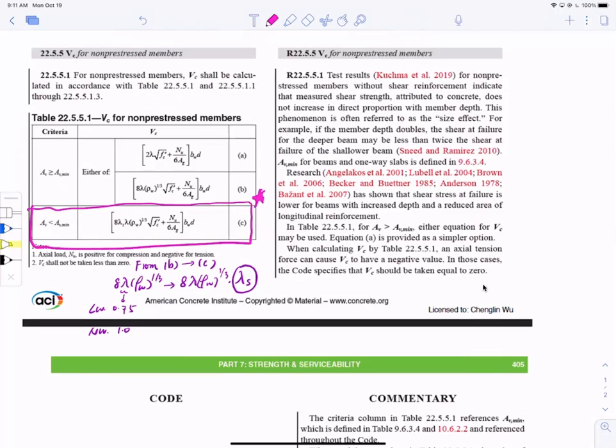In our business, we don't see any of this. So far in this course, we're fine. We still use 2 lambda square root of f prime c, unless you see this. So this is the difference between 14 and 19.